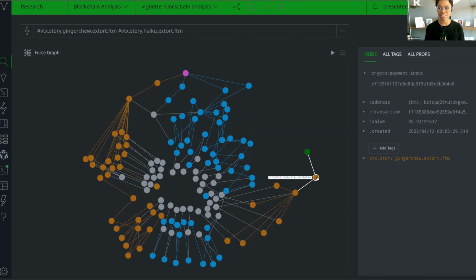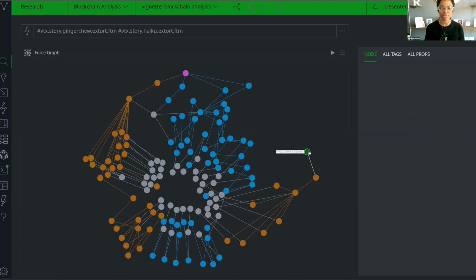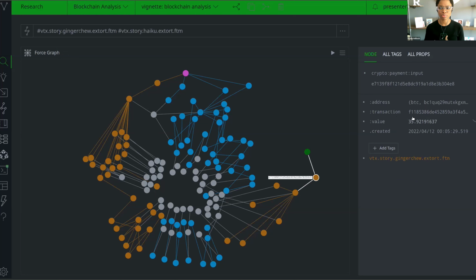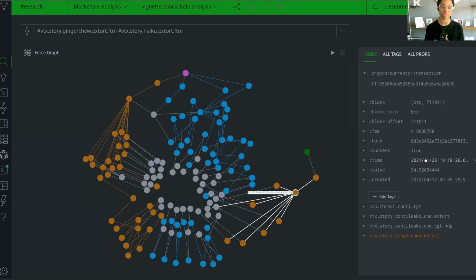But what we see here is that not only was it used as an input payment for that attack on Colonial Pipeline, but it was also used as an input payment for the payment made on 11/23 to the Conti threat group for HDP.